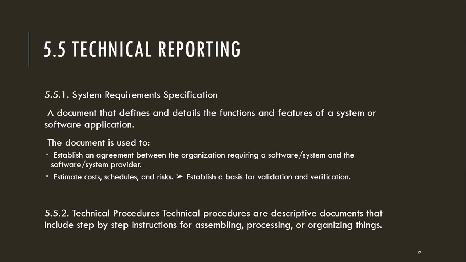Technical procedures are another type of technical reporting. These are descriptive documents that include step-by-step instructions for assembling, processing, and organizing things. So these are more like the manuals where instructions are given for assembling, processing, operating things.